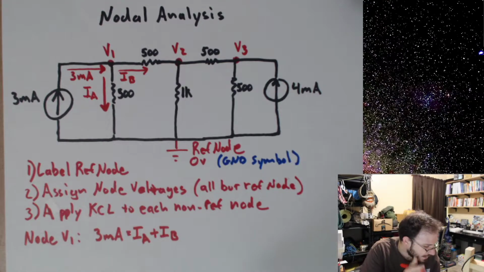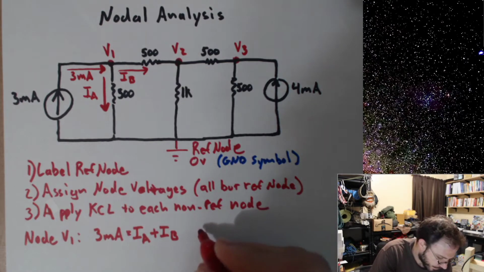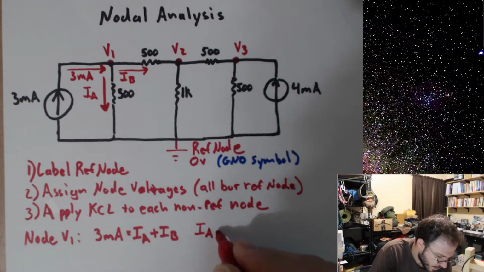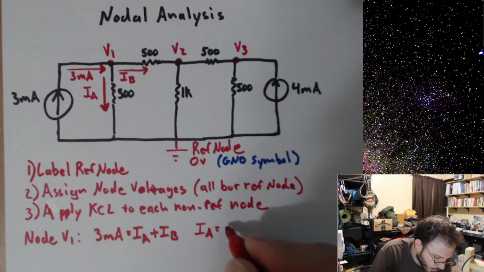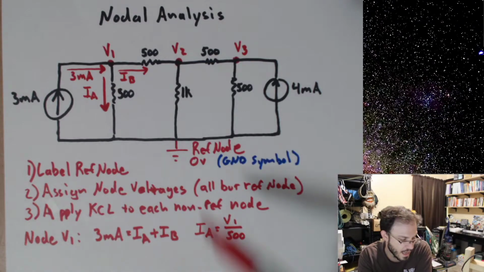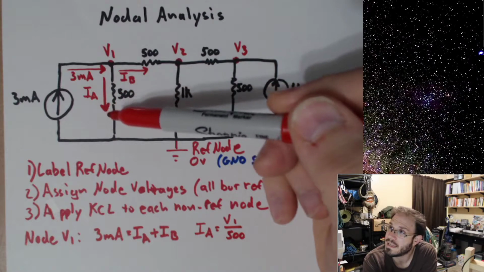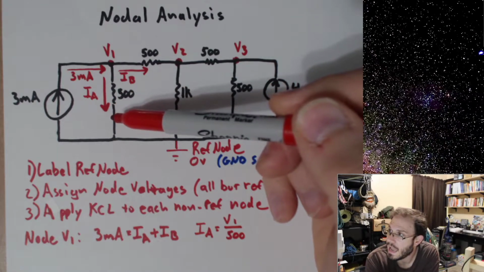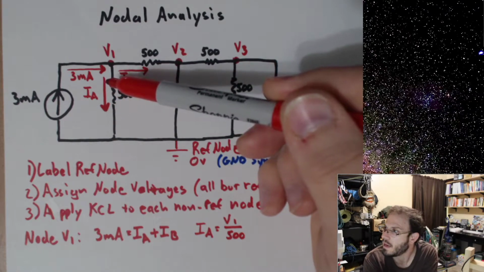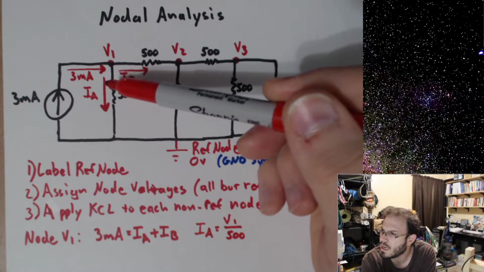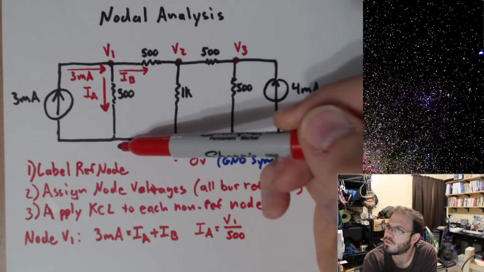So let's go ahead and write that out. IA equals V1 divided by 500 ohms, right? Look at how I wrote this current. This current is going down. And one thing that I always say, and I probably sound a little repetitive at this point, current always goes from a higher voltage to a lower voltage.